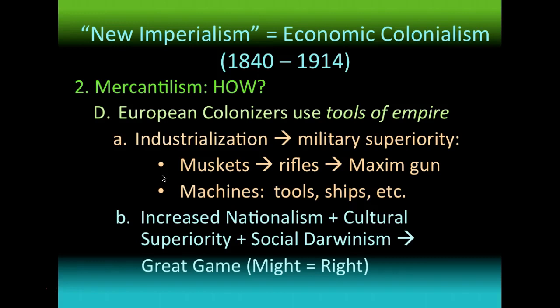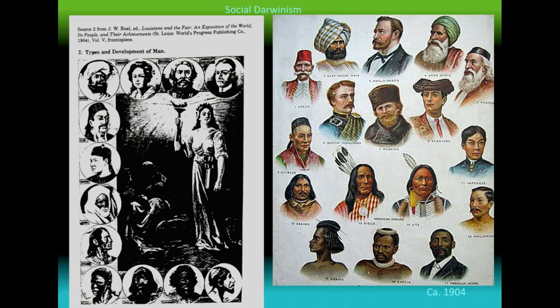And here's that image of social Darwinism with the white male at the top in the center and the most powerful, and the list goes down and the faces go down and get darker and more Asian and more Indian and blacker as you go down.